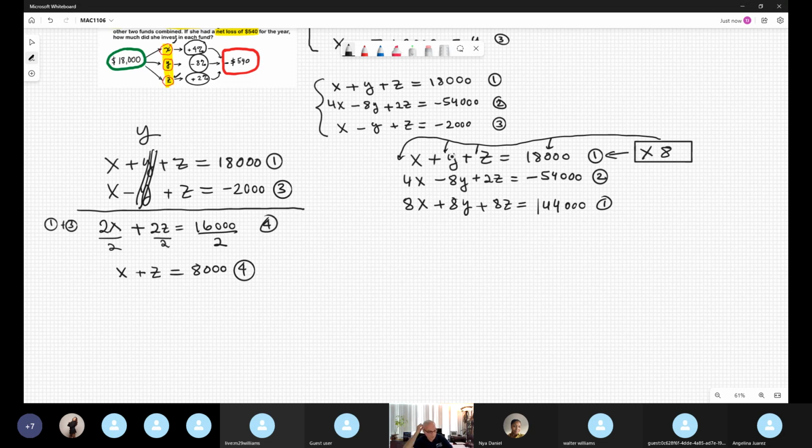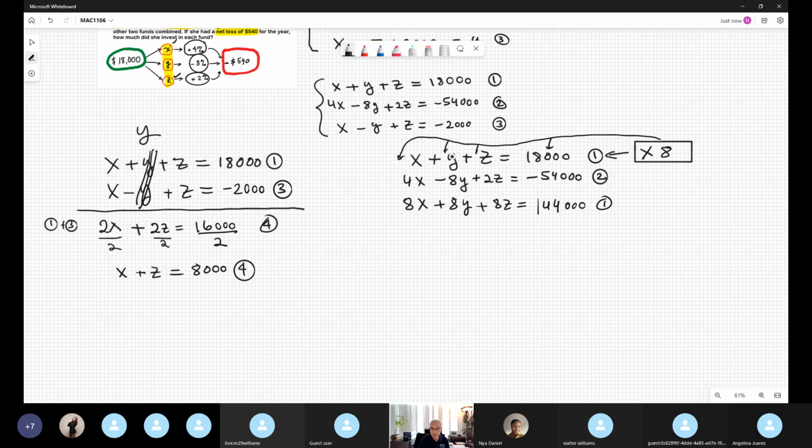Let me verify this computation in my calculator right now. So 18,000 times 8. Yeah, 144,000.